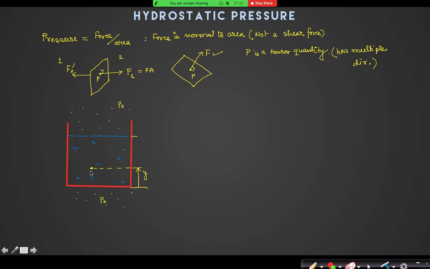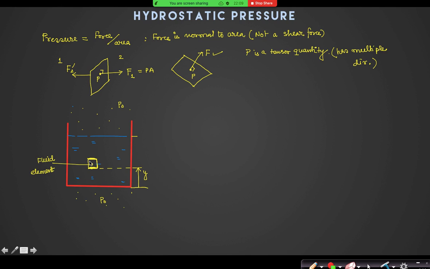We are again going to use a macroscopic approach. So I will take a small element, not a molecule, a small element of that fluid. That element may be a cylinder, or you can take it as a cube also. I will rather take a cylinder like this, a small elemental fluid. It is a fluid element.